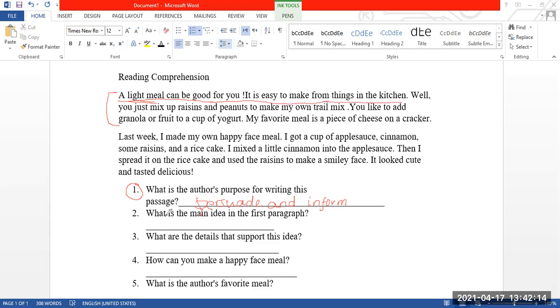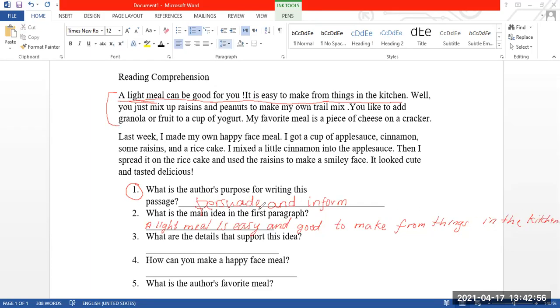So I come here and write, a light meal is easy and good to make from things in the kitchen.